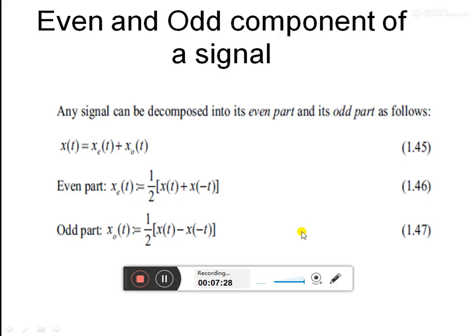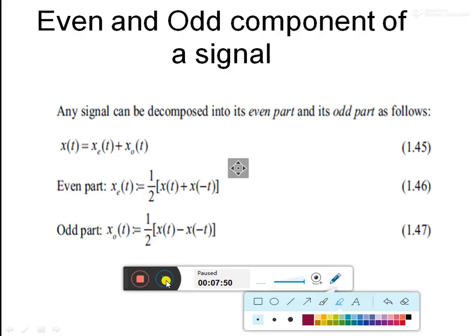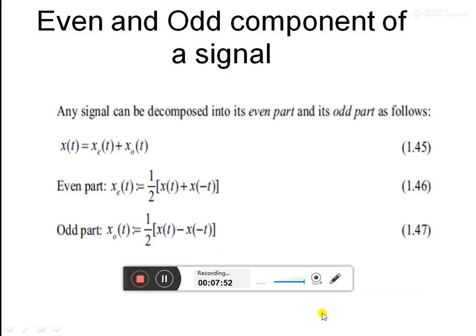Similarly, the same thing holds good for a discrete time signal also, where we can determine the even and odd component representation as xe of n equal to half x of n plus x of minus n, and xo of n equal to half x of n minus x of minus n. So this is about even and odd signals.